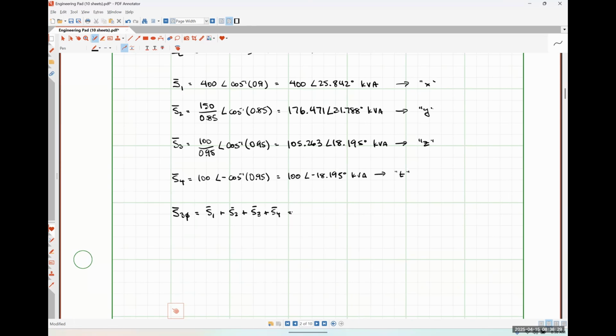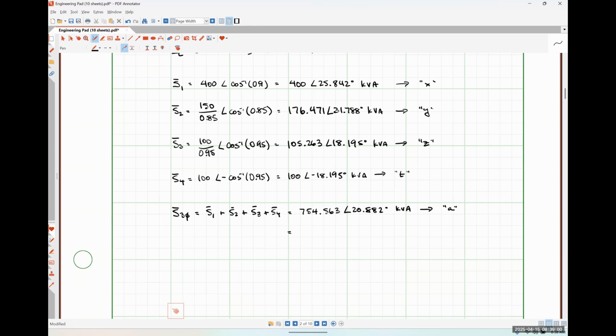So in my calculator, that's X plus Y plus Z plus T. And I got 754.563 with an angle of 20.882 degrees kilovolt amperes, which for what it's worth, I'm going to store as A.